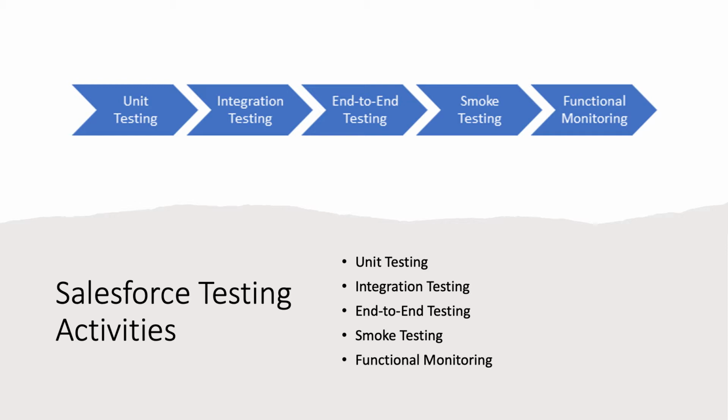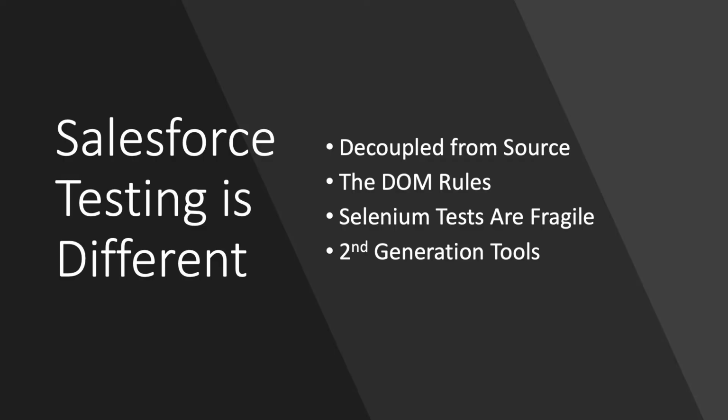So, for example, there are tests called end-to-end tests, which test a business function implemented in a Salesforce org. In my org, an end-to-end test is recording a new lead, converting that to an opportunity, and generating, printing, and emailing a quote.